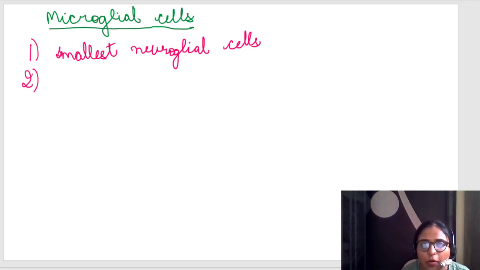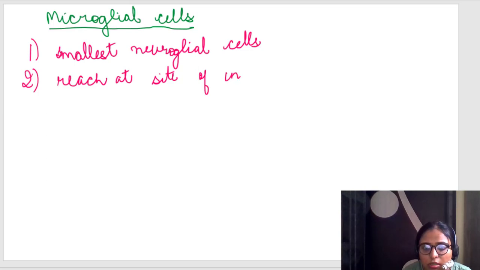And what is the role of it? Like we have discussed the protoplasmic and fibrous astrocyte, now the microglial cells, what do they do? They reach the site of injury or infection.